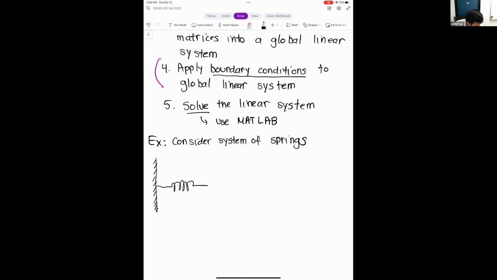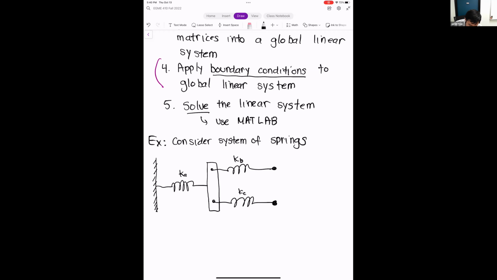We're going to have one spring that comes off just like that, and we'll say the spring has a spring constant Ka. This spring is going to be attached to a block, and this block is going to be attached to two springs. The top spring we'll call Kb, and the other spring we'll call Kc.